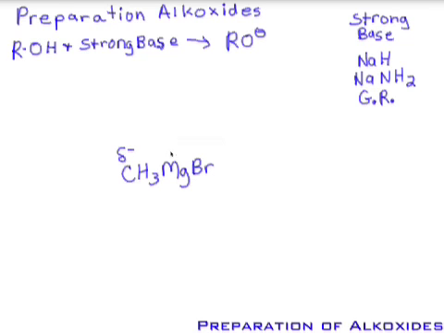Carbon's delta minus, magnesium's delta plus. Grignard produces what behaves as if it is a CH3 minus. Now, in fact, the carbon is closely associated with magnesium to help stabilize the C minus, but in reactions, Grignard reagent behaves as if it's alkyl minus.